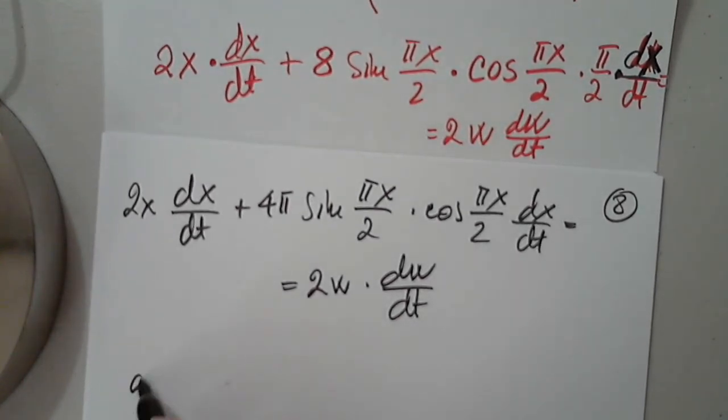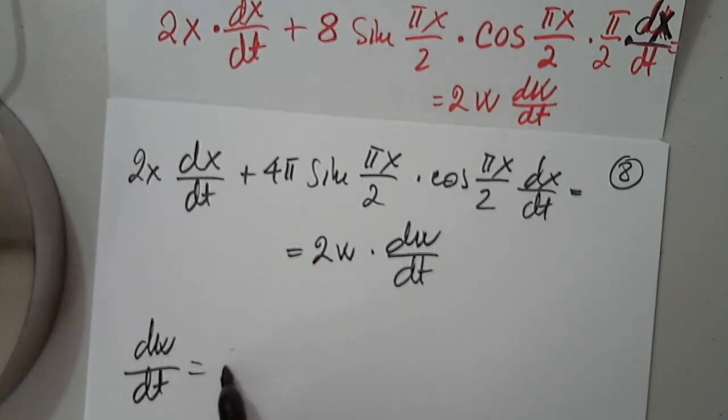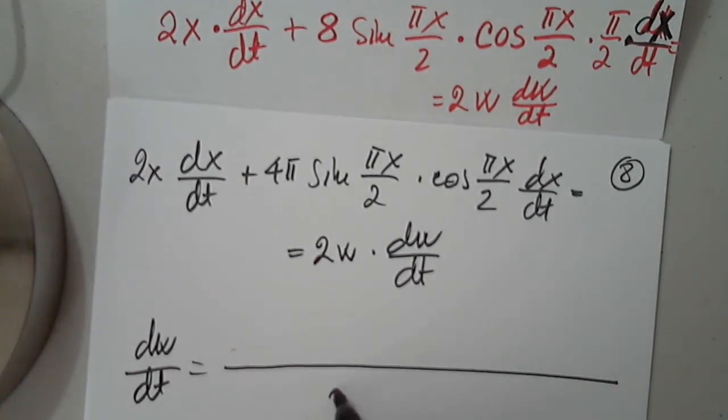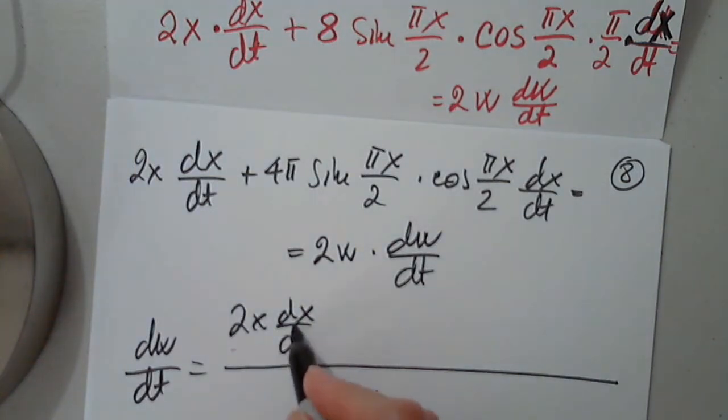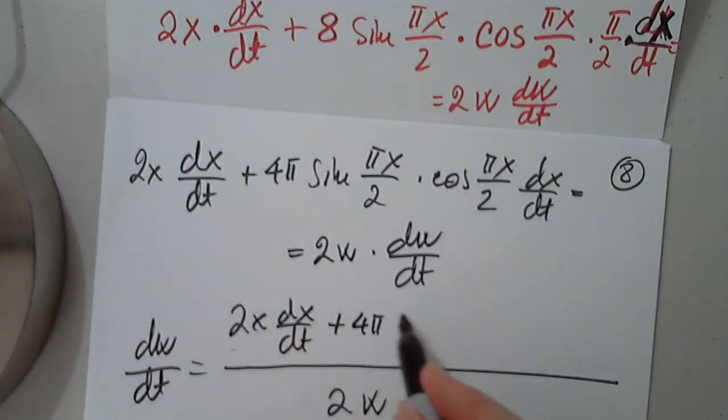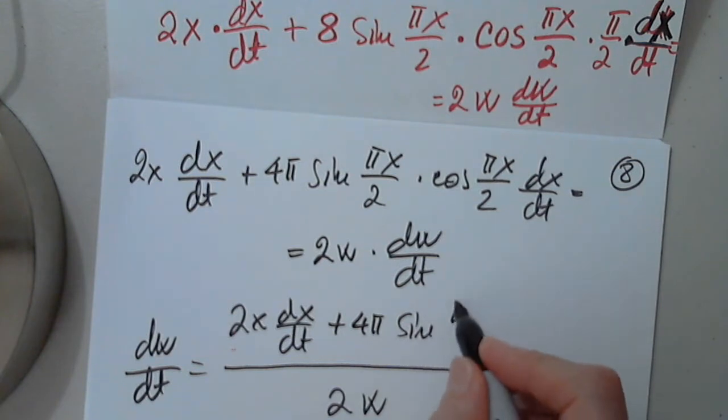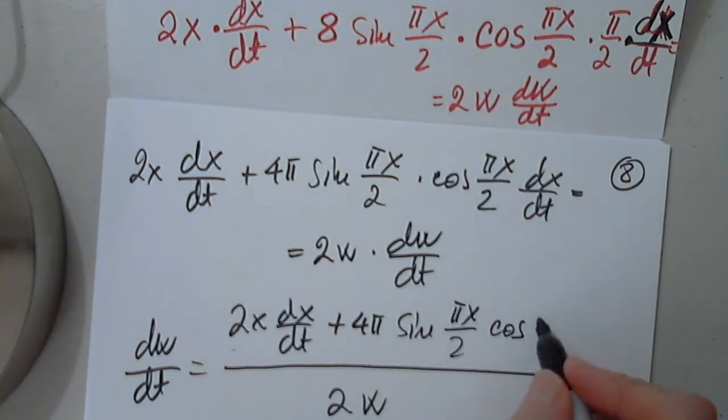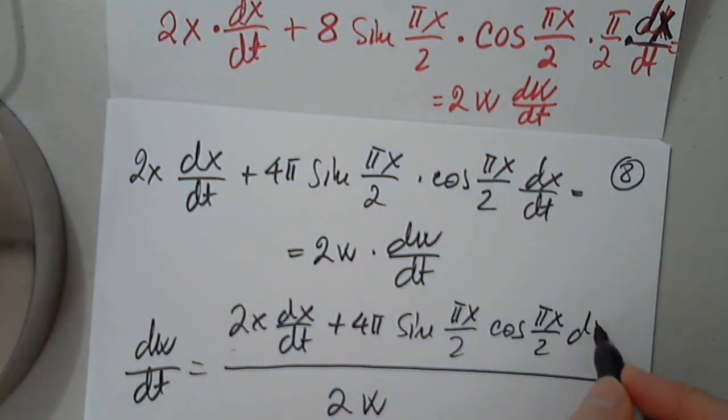Good, so now we know that dw over dt will be 2x dx over dt plus 4 pi sine pi x over 2 cosine pi x over 2 dx over dt, divided by 2w.